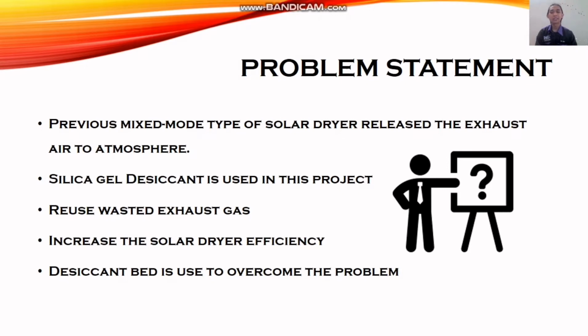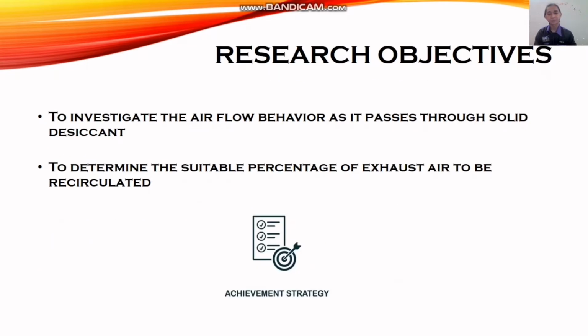So silica gel desiccant is used in this project to absorb and reuse the waste exhaust gas, because the exhaust gas is high in humidity and the desiccant is used to absorb the moisture from the air. It can also increase the solar dryer efficiency, and the desiccant bed is used to overcome the problem.